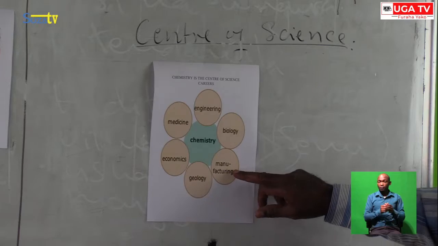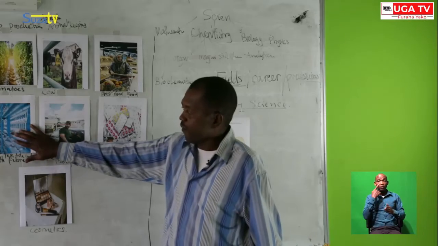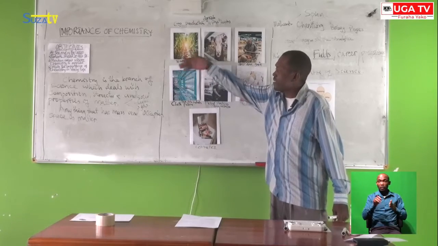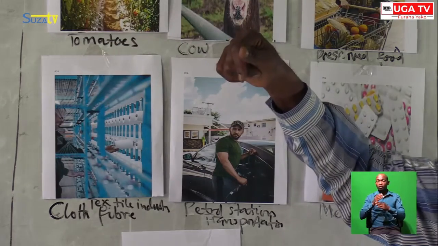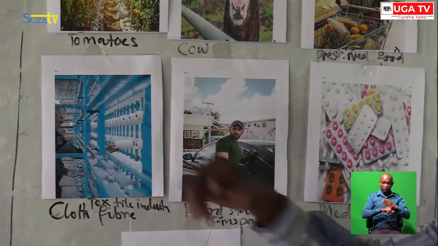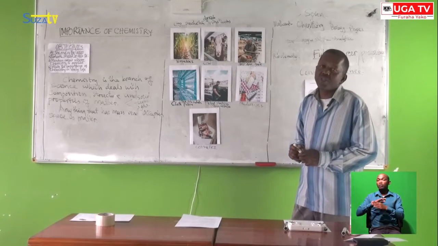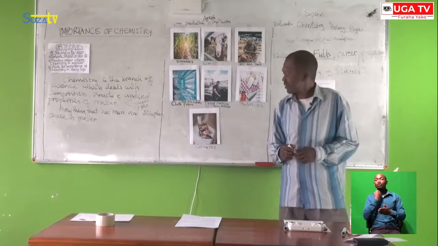We have also the manufacturing industry, whereby metals or different elements are used to build the industry. Inside industry there can also be the food and beverage industry, whereby chemistry is applied in the preparation of, for example, juices, soda, and others.